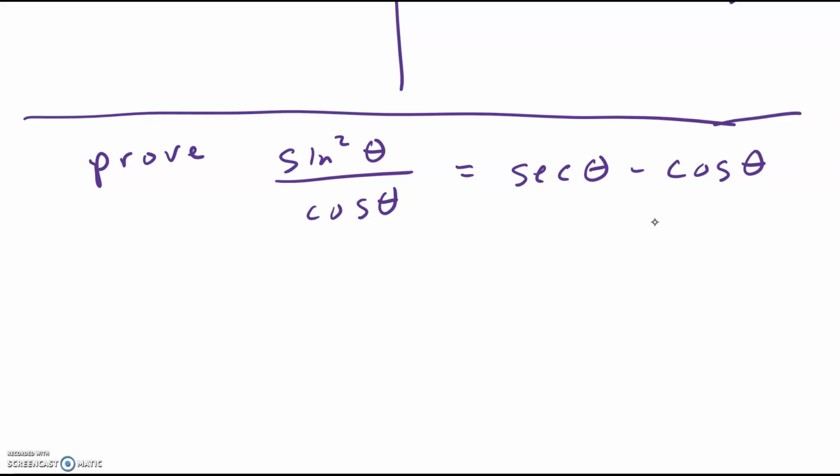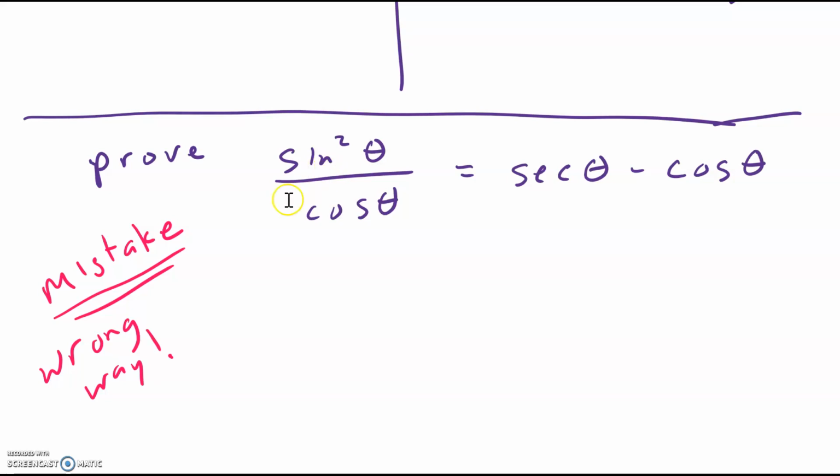It's not obvious that this is true. We're trying to prove that this is true. So here's the mistake. I'm going to do it wrong on purpose here, the wrong way to do it.